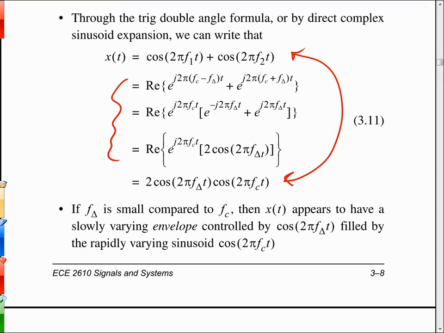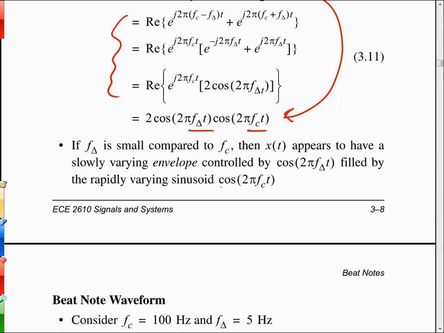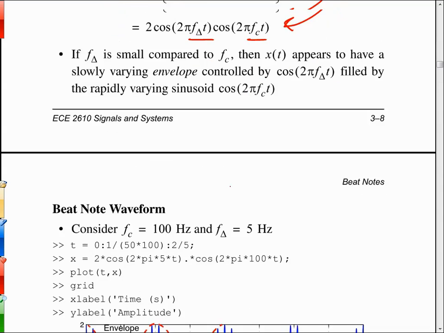So the sum of two cosine waves is the product of the FC, the central frequency, times the peak deviation, F delta. And this is a basic application of the trig identity, which I don't have expanded out in here.